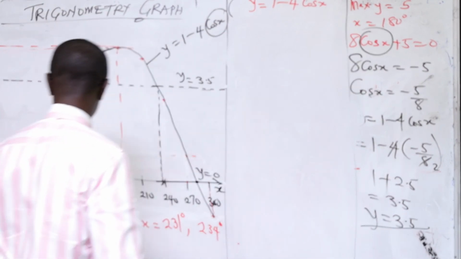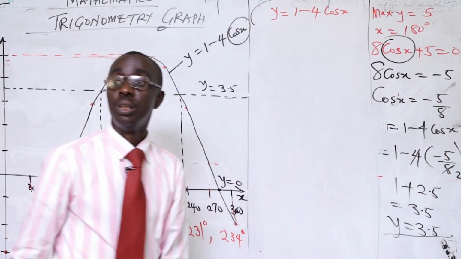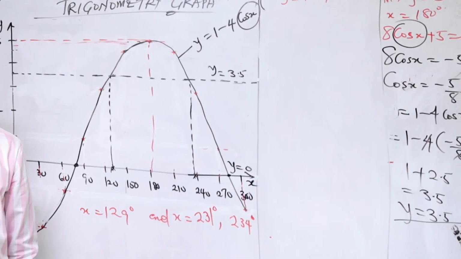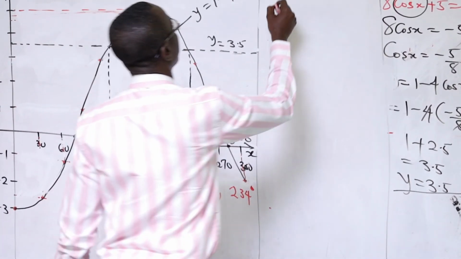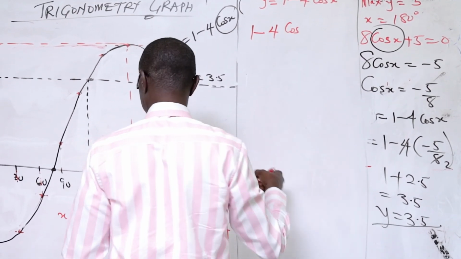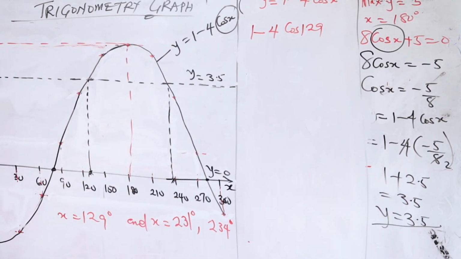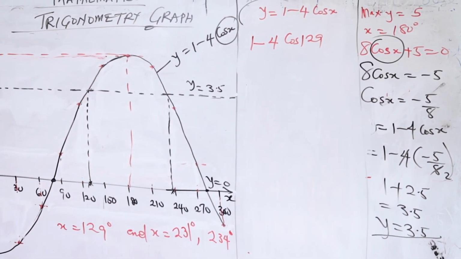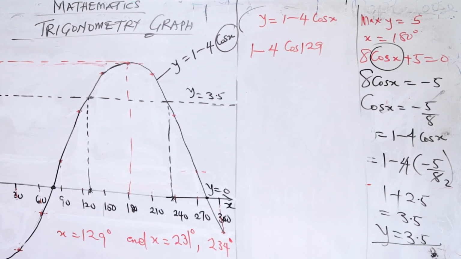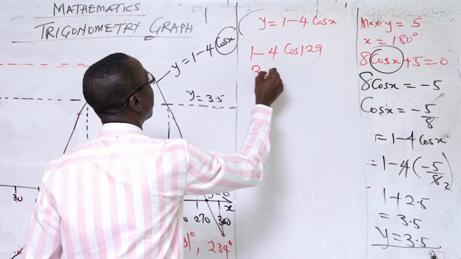So whenever you substitute any value here, if your answer is not 3.5, you are not getting the right thing. So 1 minus 4 cos 129. This is in the exam; we are testing our answers in the exam. 3.5. You see now? 3.5.